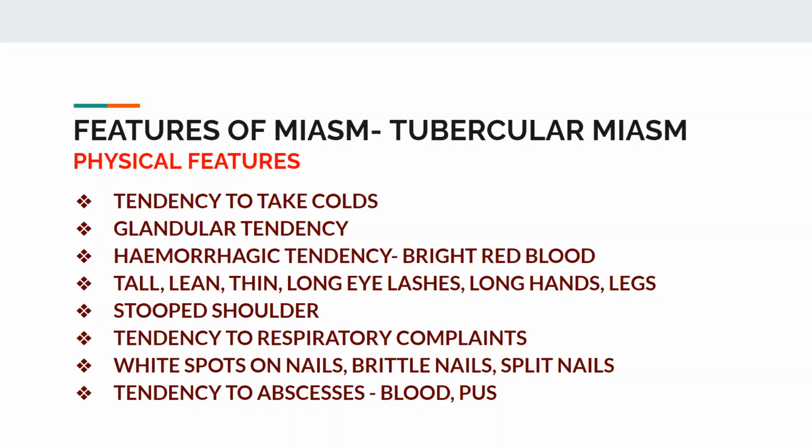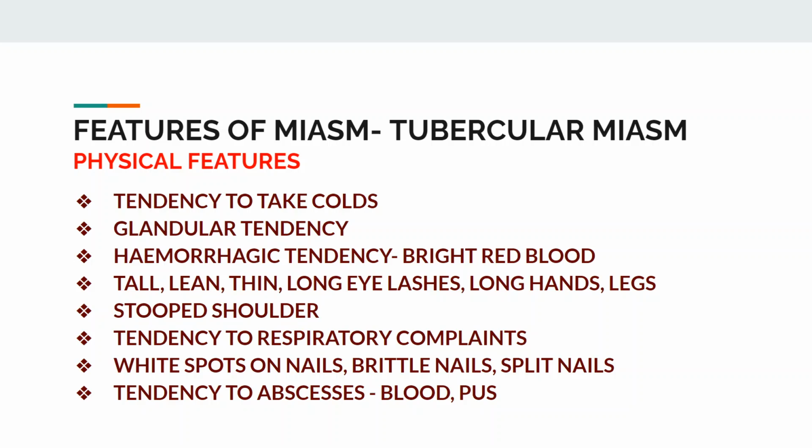Tendency to take colds, glandular tendency, enlarged tonsils, enlarged cervical glands. The patient will complain that even if I get some tooth infection, first I get the glands swollen and painful. So glandular tendency is very marked in tubercular miasm.